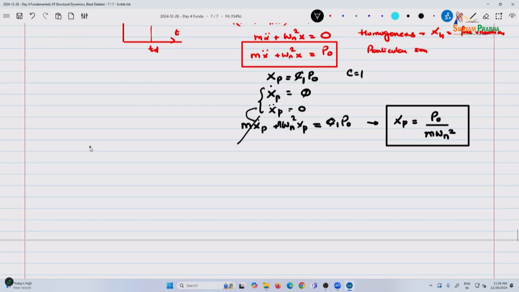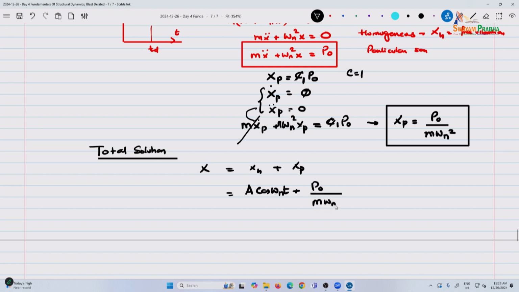So the total solution now is x equal to xh plus xp. So this is a cosine omega n t plus p naught by m omega n squared.